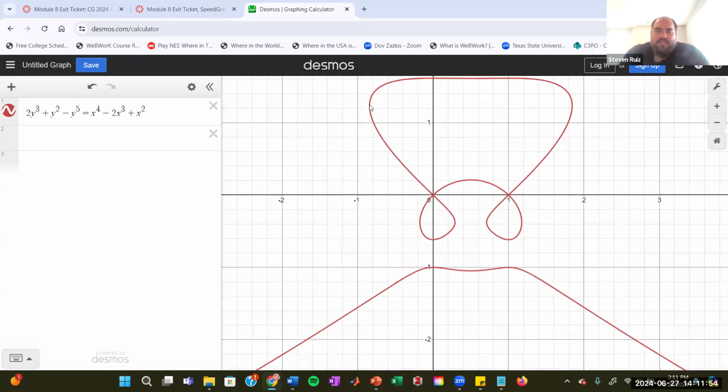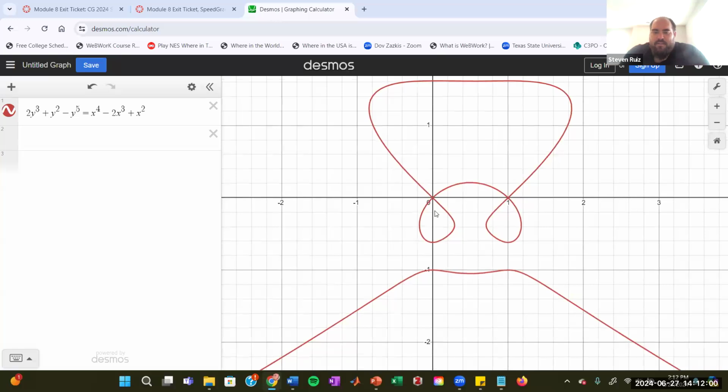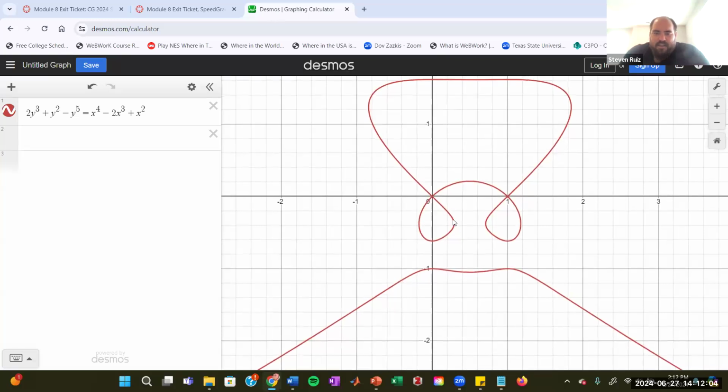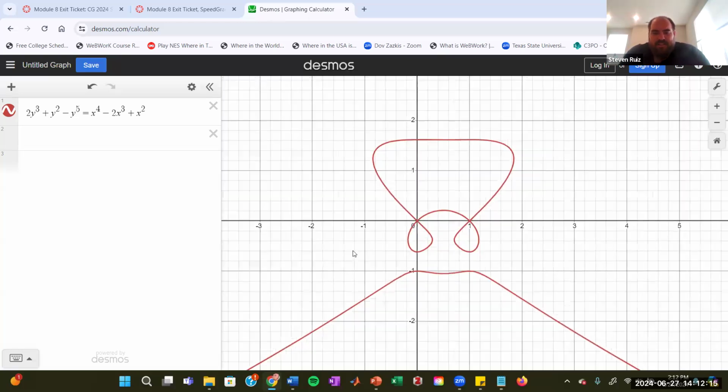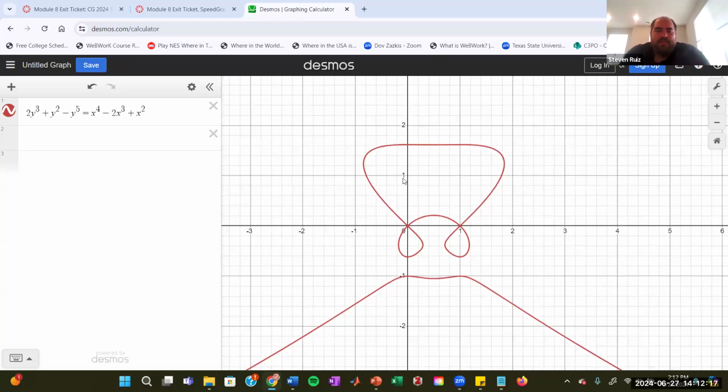So basically, there's a point here on the left, a point here on the right, and on either side of these loops right here. I believe these are also vertical tangent lines. But those are based on polynomials that I did not see a way right away to solve by hand, but we can see from our graph here that we do have several points where the tangent line is vertical as well.